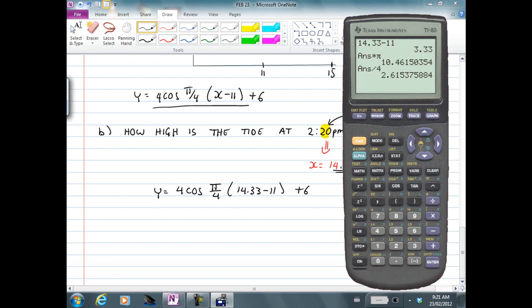Now I'm going to cos that. Cos 2.61537. Again, I try to use as many decimal places as I can. I go enter. Times 4, plus 6. Bada bing, boom.